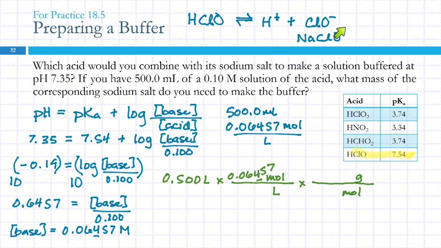It's NaClO, not ClO. Never mind. Let's start that again. It's NaClO. There we go. NaClO, not just ClO. Common mistake would be to forget the sodium in there, right? So when we do the molar mass, we need the sodium plus the chlorine plus the oxygen.